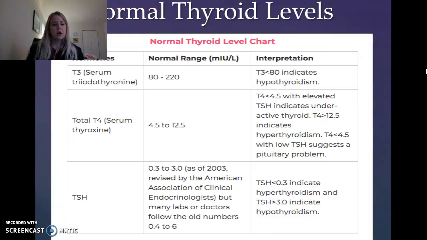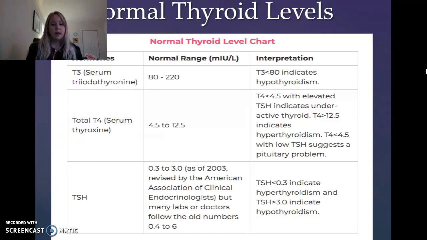This is just a chart demonstrating normal thyroid levels. The units are milli-international units per liter. Sometimes different units can be used, like ng per liter, but this graph shows it in this. For T3, a normal range would be 80 to 220. Anything under 80 would be hypothyroidism. Anything above 220 would be hyperthyroidism, but I'm not going to talk too much about that.